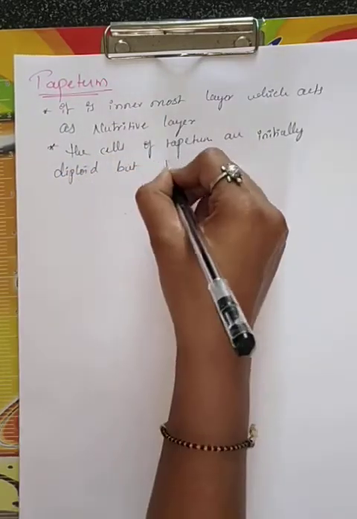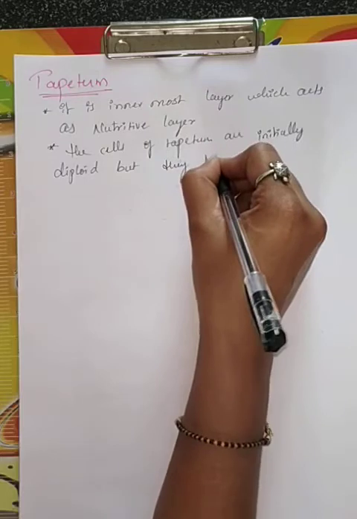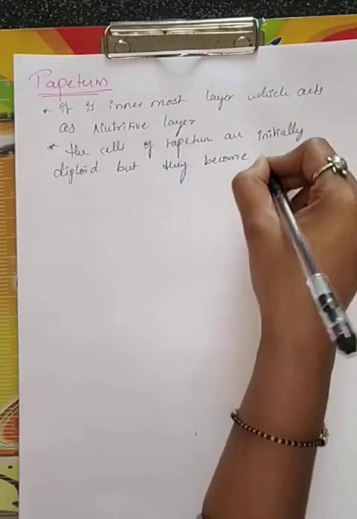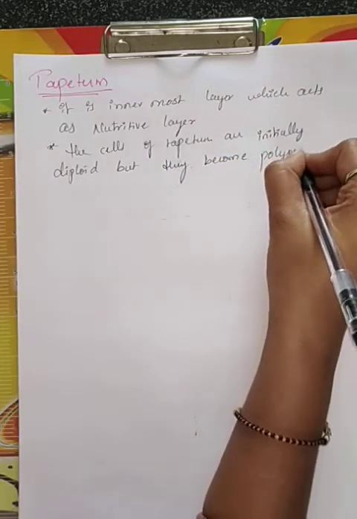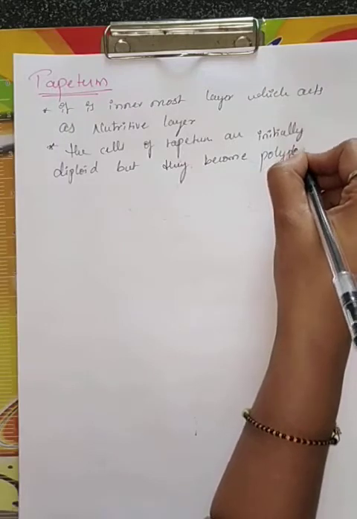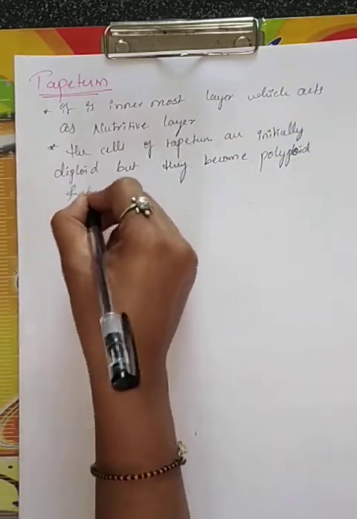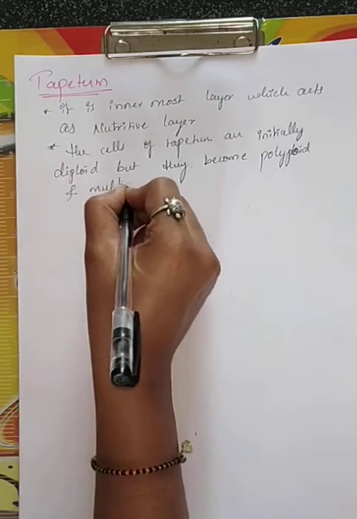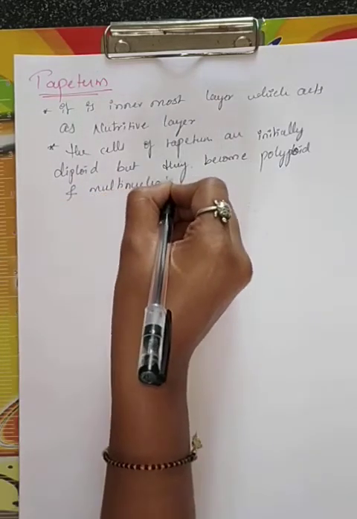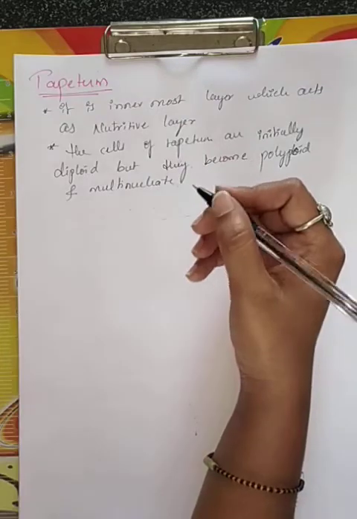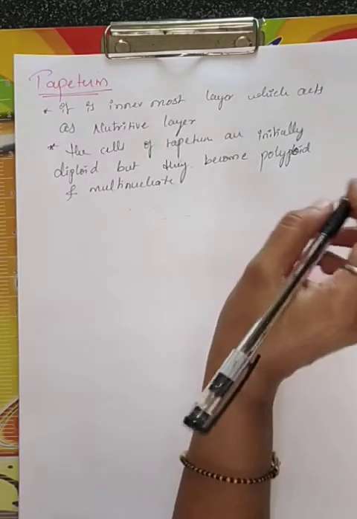But they become polyploid, meaning the DNA content will be doubled. And the nuclei: they become multinucleate, with more than one nucleus.